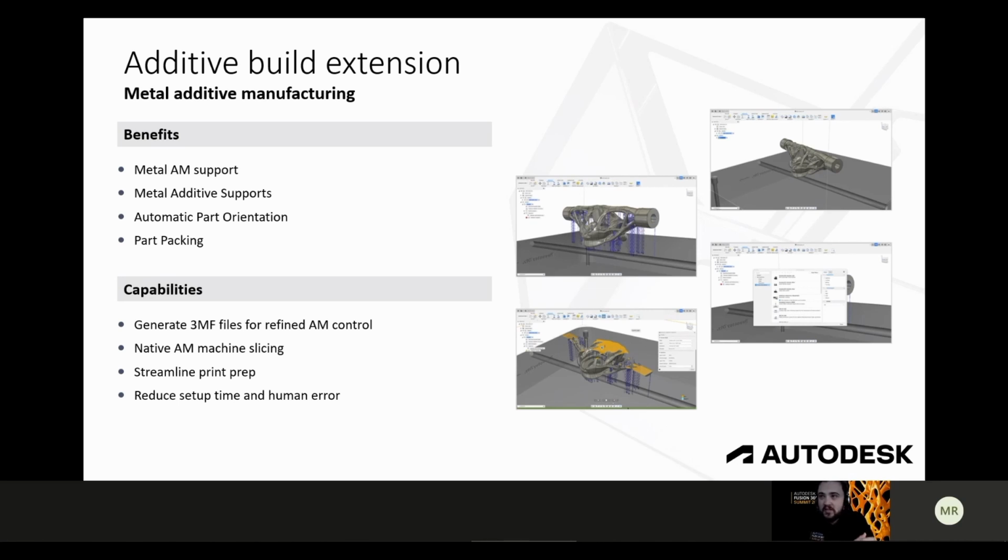Then there's the associative design and manufacturing data, so you can connect your design data to the manufacturing seamlessly. You can set up manufacturing once and let Fusion 360 update as needed when you change the design, which is a nice time saver.